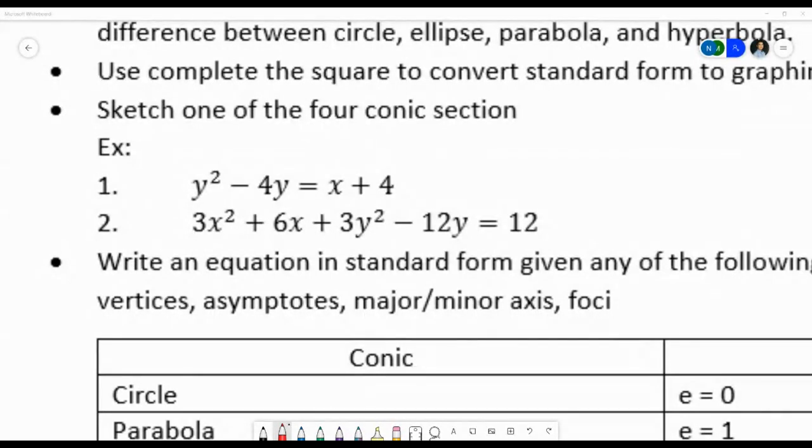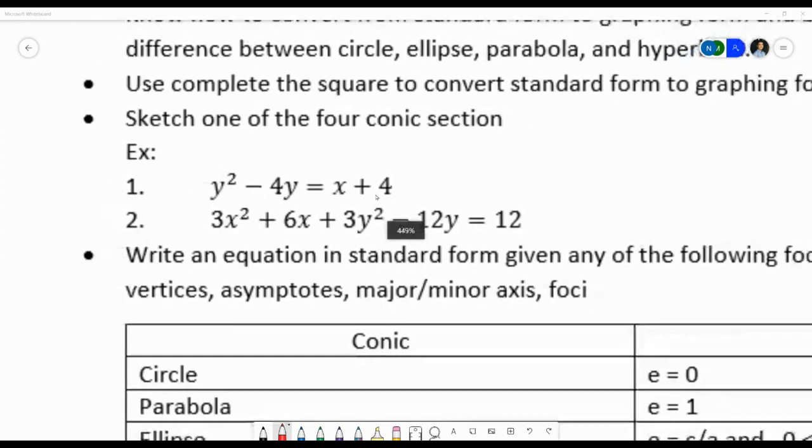Because those two are kind of similar together. The number of x and y is similar. Number 3. Yes, it's the same. Yeah, very good. So if you have the coefficient of x squared and y squared be different, then you're going to have an ellipse. But since they are the same, we're going to have a circle.